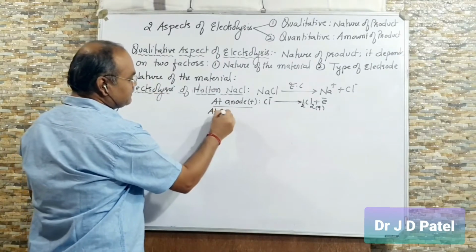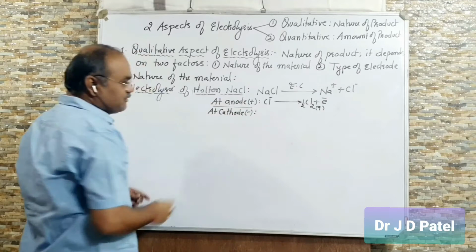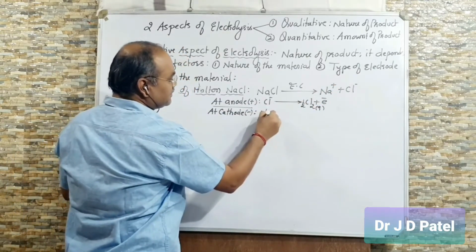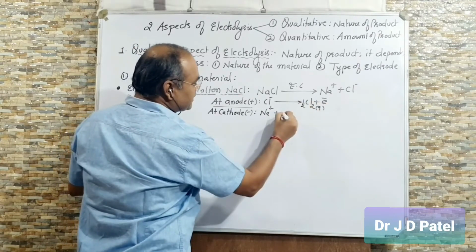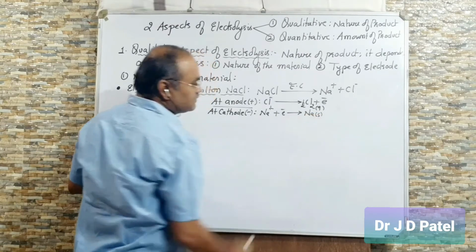At the cathode, the cathode is the negative electrode, so Na plus will be attracted at the cathode. And at the cathode reduction takes place, so Na plus takes electron and gets deposited as sodium solid.